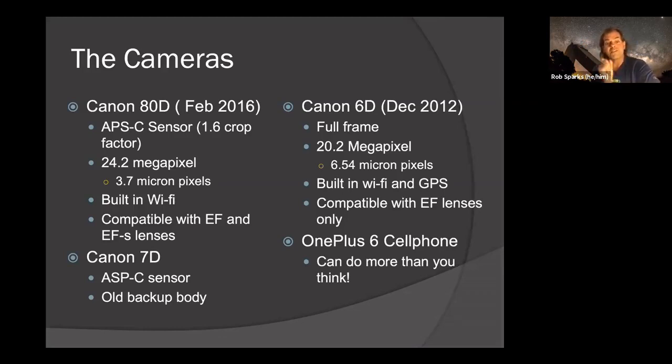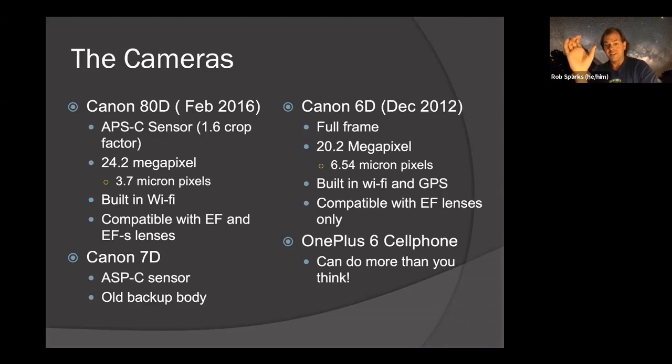Like I said, the crop sensor does have some advantages and disadvantages. Imagine you have a 100 millimeter lens on a 35 millimeter full frame camera. Well, that crop factor, because you have the smaller pixels, means that lens is going to magnify the image a little bit more for you, in this case by a factor of 1.6.